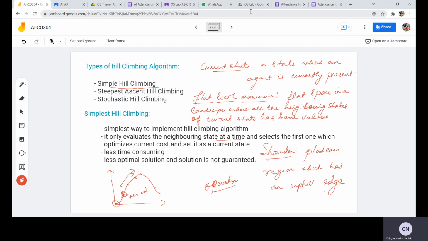And how it does this is it moves towards an increasing elevation. So this is what we're going to do now. Just wait a minute. Meanwhile, you can read through the points that I have written on the screen.